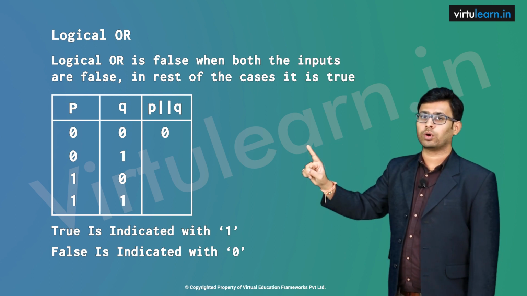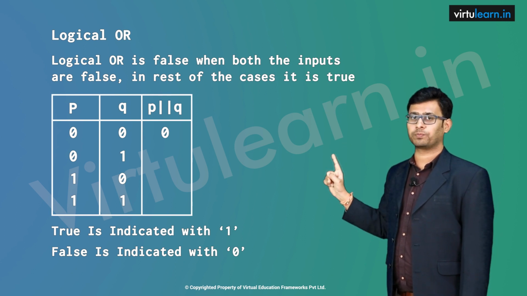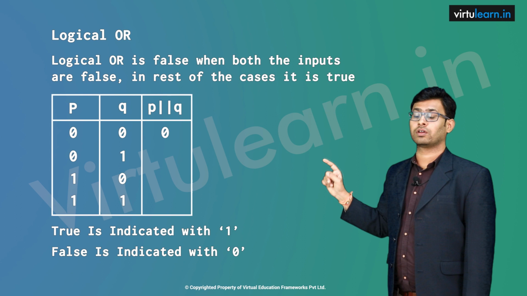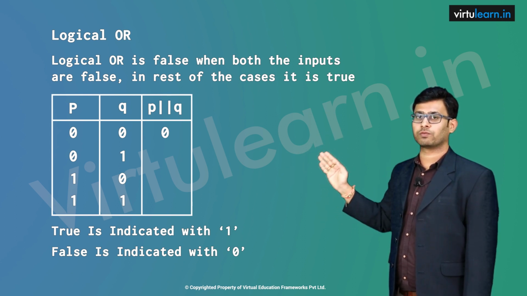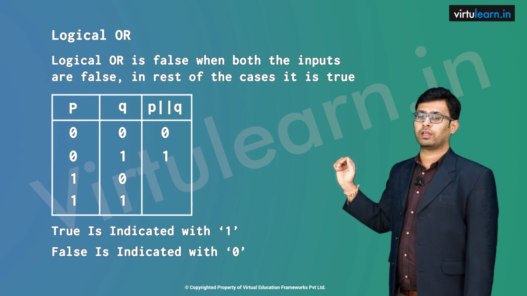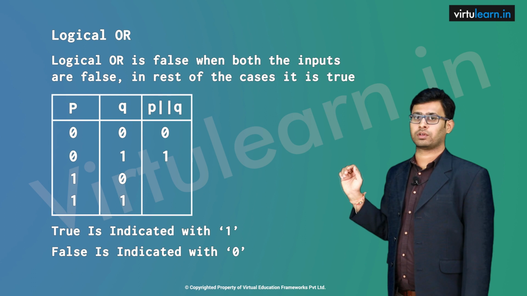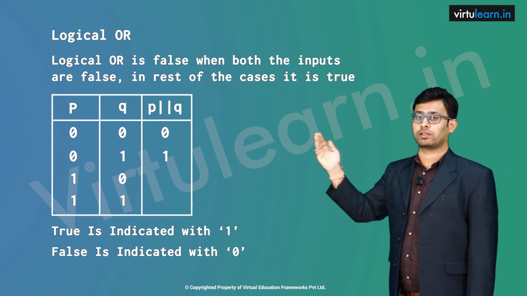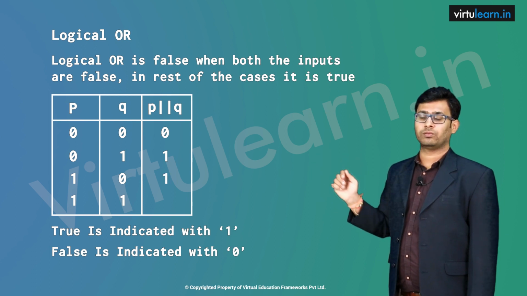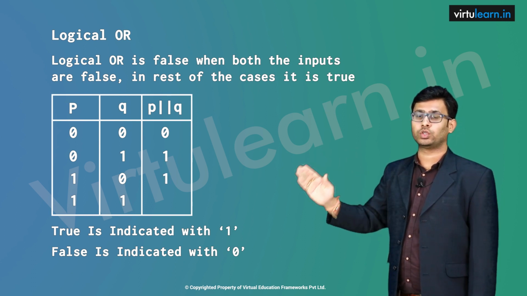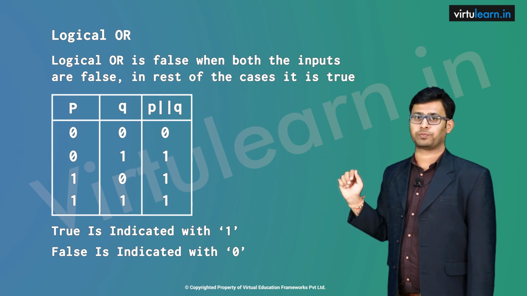Next, 0 or 1, that is false or true, the conclusion will be true. The next combination, true or false, the result is true. Next, the last combination, true or true, the result is true.